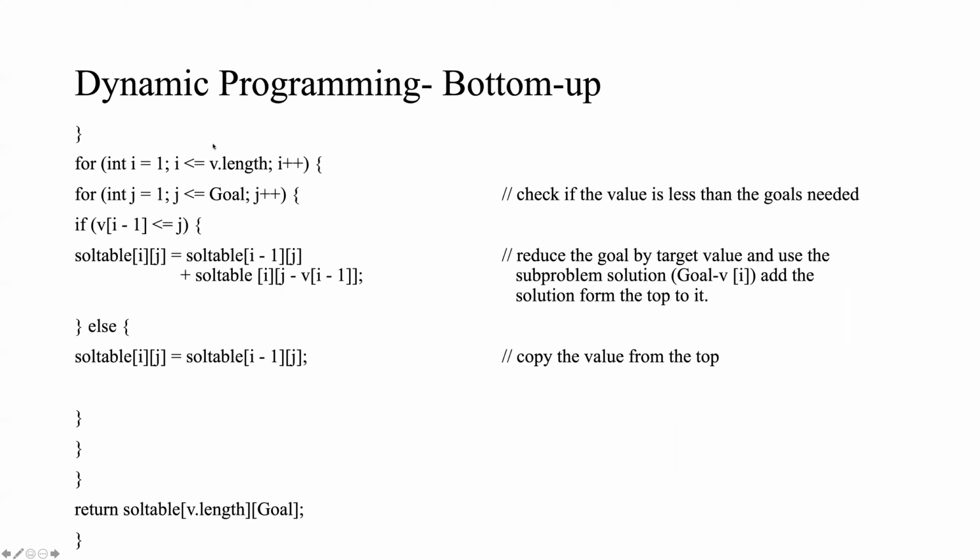Checking the second part of the code, we check if the value is less than the goal needed. Here we reduce the goal by the target value and use the subproblem solution and add the solution from the top to it. Here we just simply copy the value from the top.